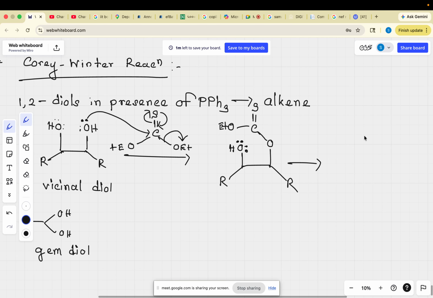Again the lone pair will attack the carbon, the same thing: this bond will break, it will come back again, and the OEt is a good leaving group, so it will leave the system. So what I am getting is actually a protection reaction. You are protecting the diol, so you are getting this.